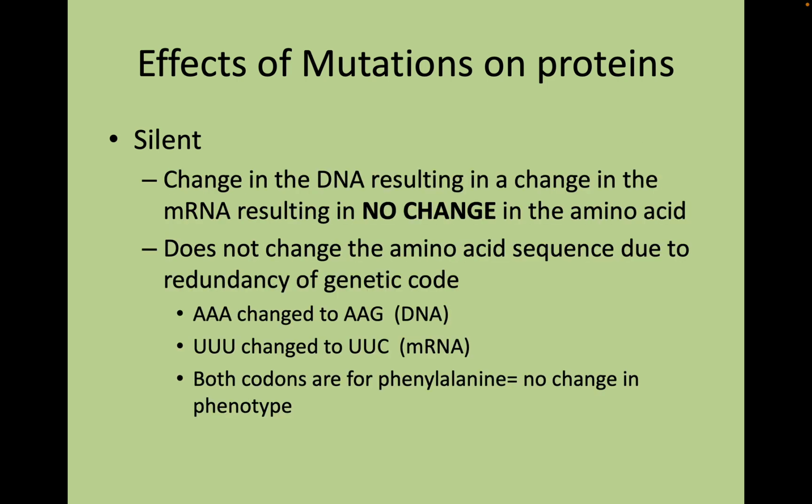So a silent mutation is a change in the DNA that results in no change in the amino acid sequence, because of the redundancy of the genetic code. So if we look down here, if AAA is changed to AAG in the DNA, the mRNA codons are UUU or UUC, but both codons code for phenylalanine. So there'd be no change in the protein or the phenotype.